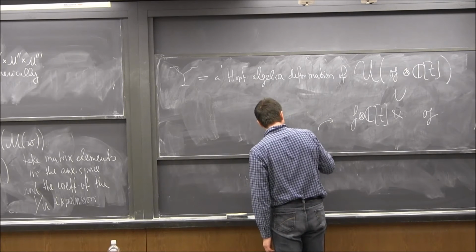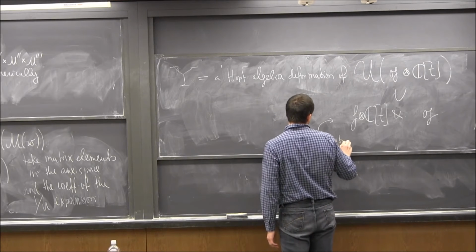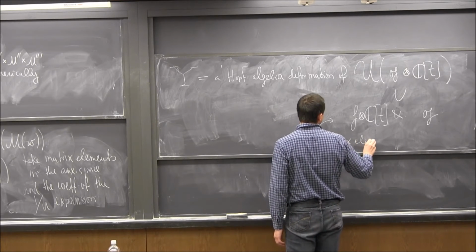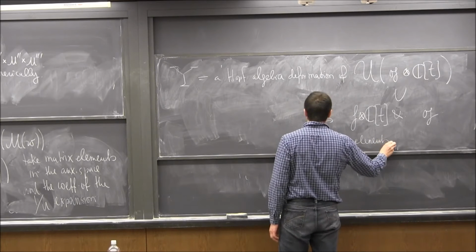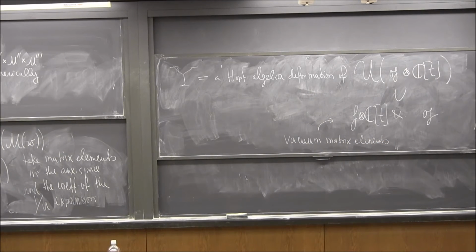And what these are, these are the vacuum matrix elements. Namely, in this product, when you act, we can take any vector v, and these distribute between these two things. The simplest thing is then v gets nothing on this side.